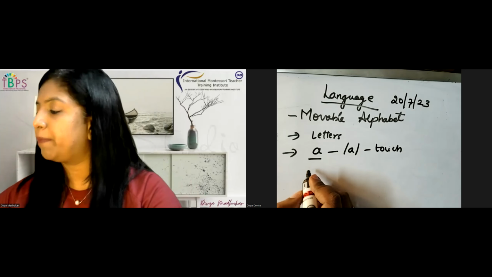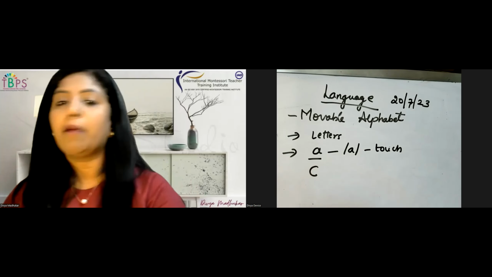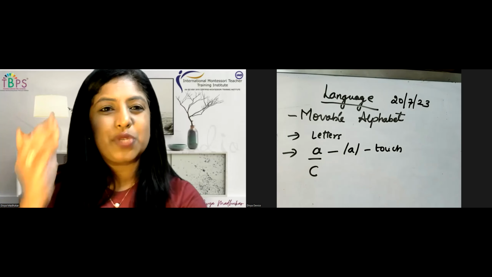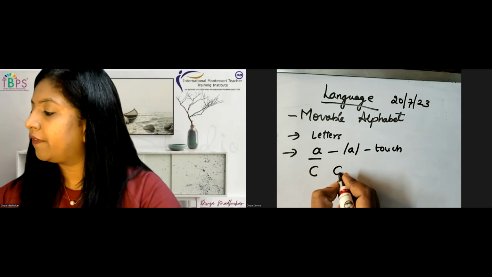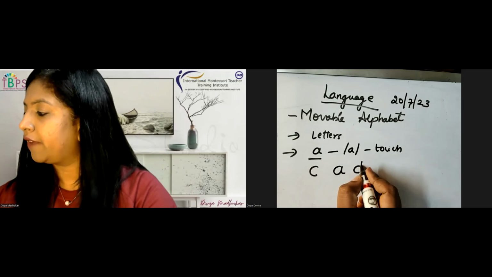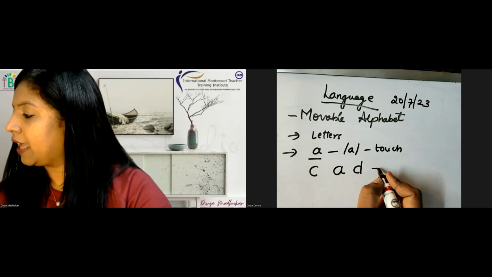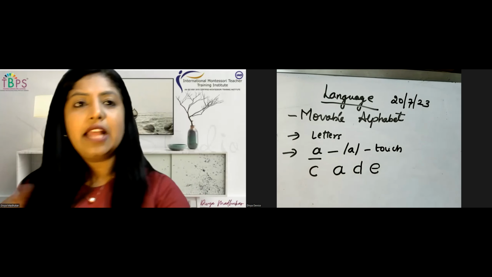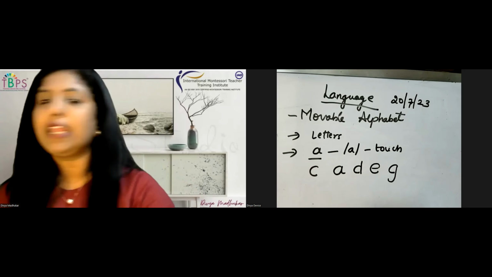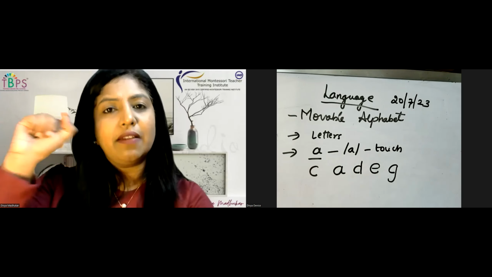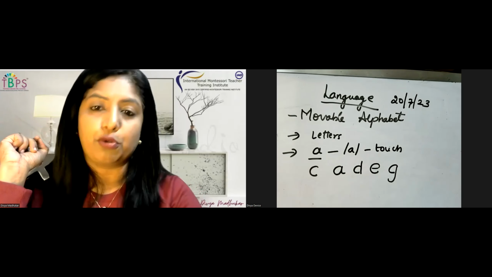I can have a combination of letters which have the same pattern. For example, letter C, letter A, letter D, letter E. There could be many letters which follow the same pattern at the beginning and then get connected with other strokes also.